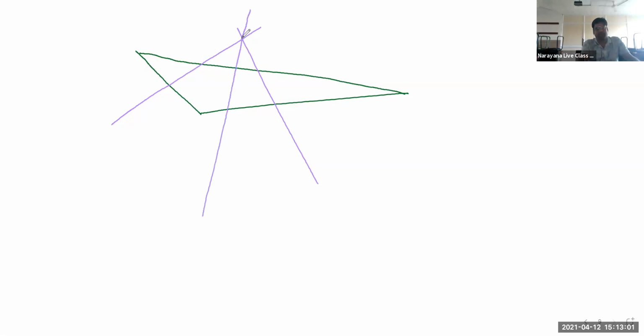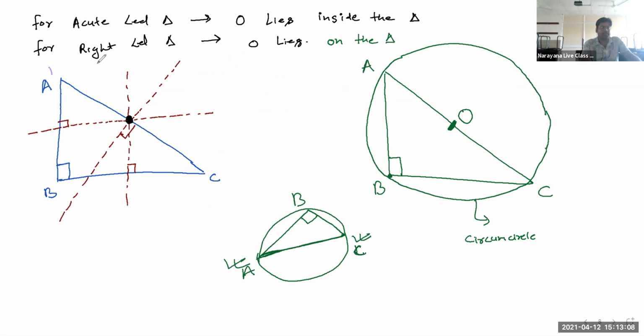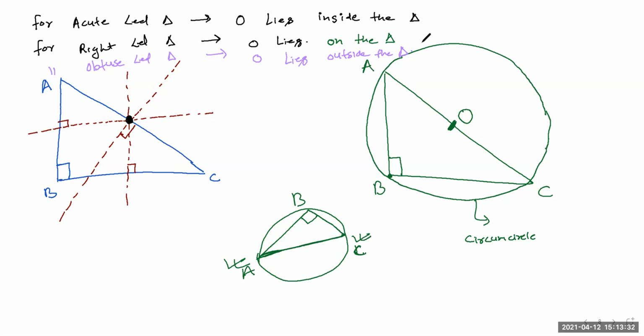So all the perpendicular bisectors are going to meet outside the triangle. Okay. So for an obtuse angled triangle, O lies outside the triangle. Got it? Have you understood? Sir, could you give a diagram? Okay. I will show you the diagram.